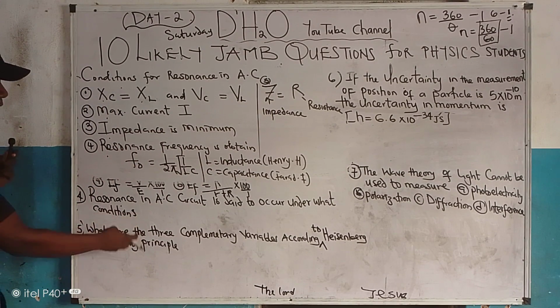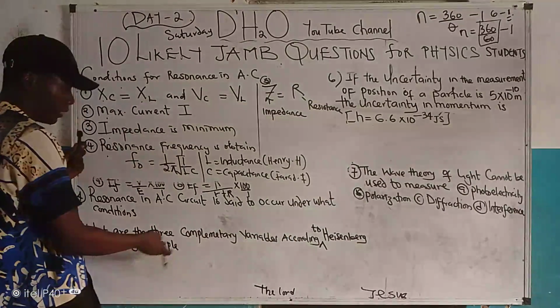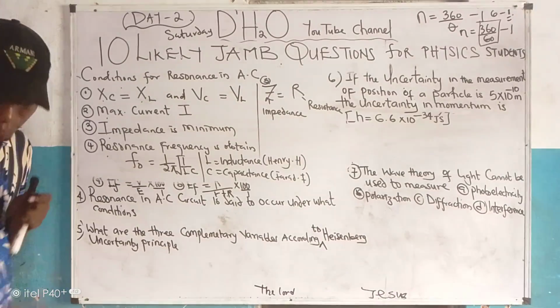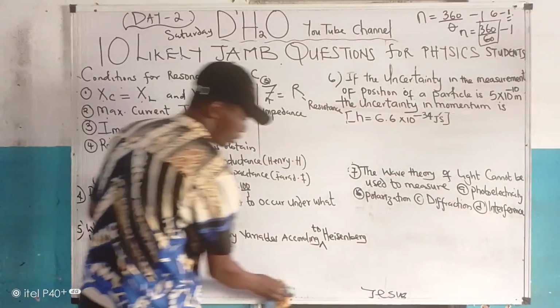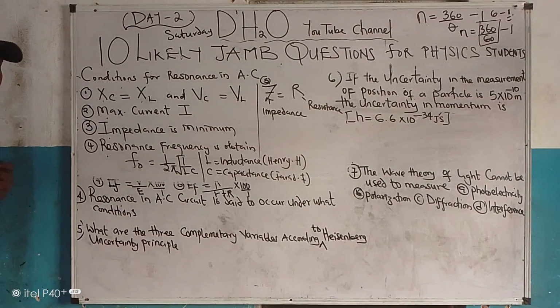What are the complementary variables according to Heisenberg uncertainty principle? Remember, Heisenberg told us that it is not possible to measure two complementary variables with certainty of 100%. Now, these complementary variables are 3 in number. What are the complementary variables?